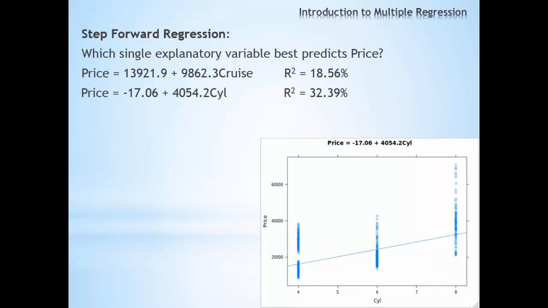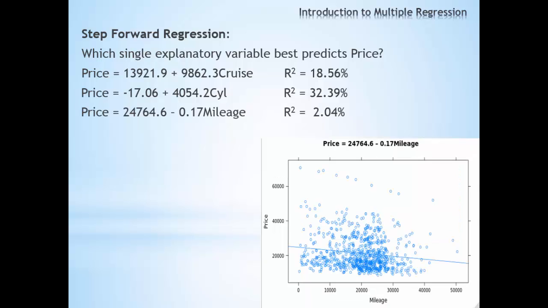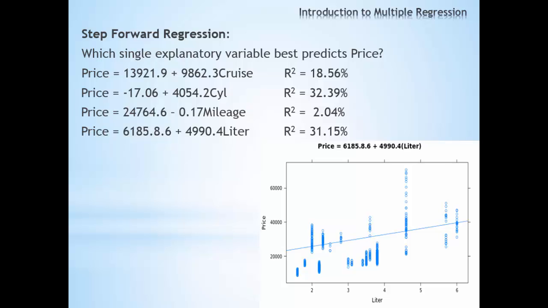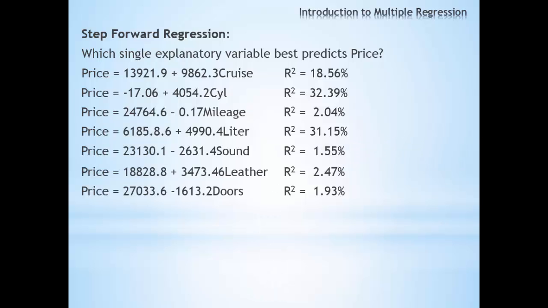The next simple linear regression model that we try is cylinder, which gives us an r-squared of 32.39%. We then try mileage, and as we saw before, the r-squared is only 2%. If we use liter, we get an r-squared of 31%. We continue this process for all our explanatory variables, and we find the model with the best r-squared value.